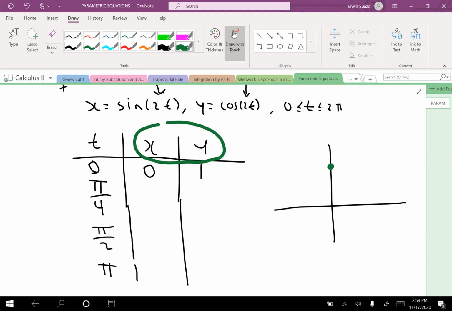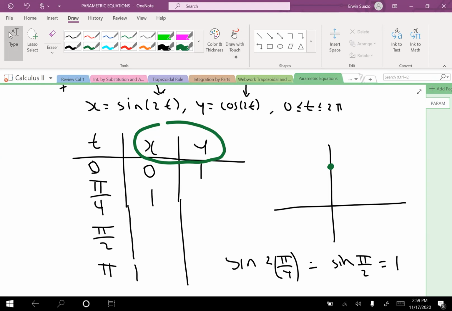So what is sine of 2 times pi fourths? It's sine of pi halves, and that is 1.